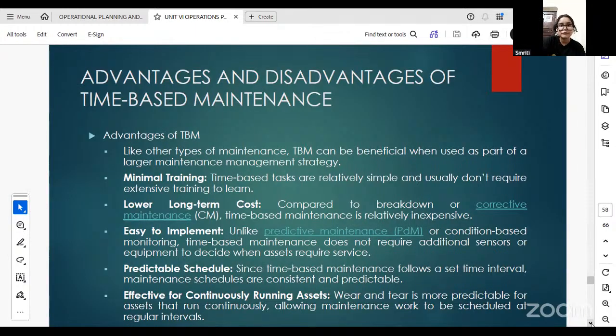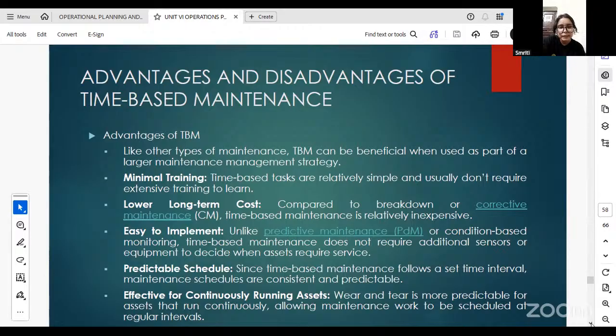Advantages and disadvantages of time-based maintenance. Advantages of TBM. Like other types of maintenance, TBM can be beneficial when used as part of a larger maintenance management strategy. Minimal training. Time-based tasks are relatively simple and usually don't require extensive training to learn. Lower long-term cost. Compared to breakdown or corrective maintenance (CM), time-based maintenance is relatively inexpensive and easy to implement.